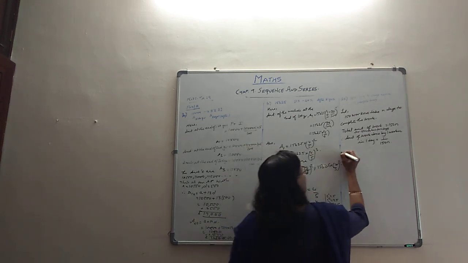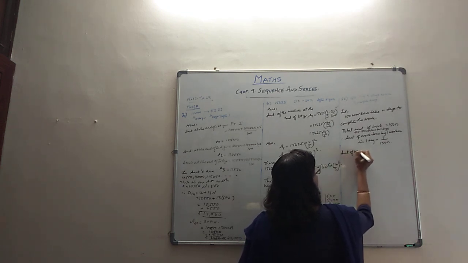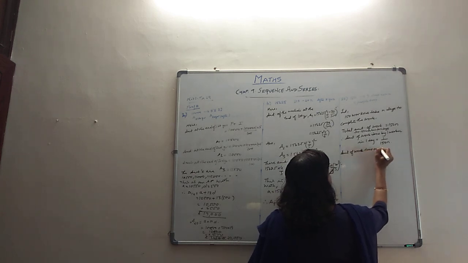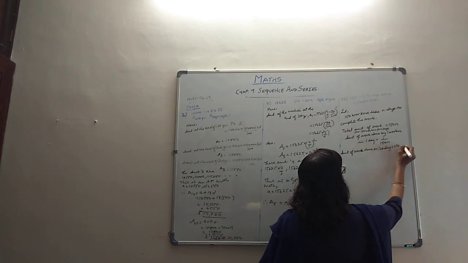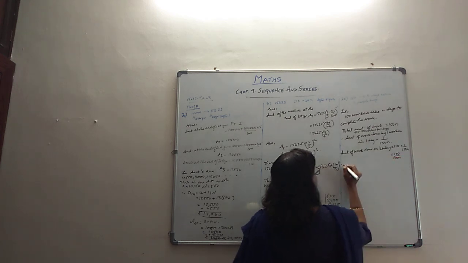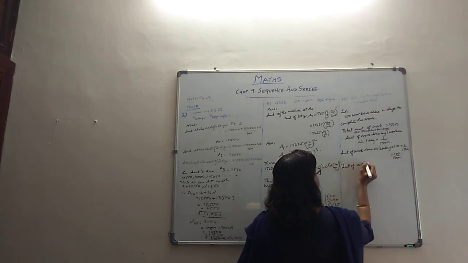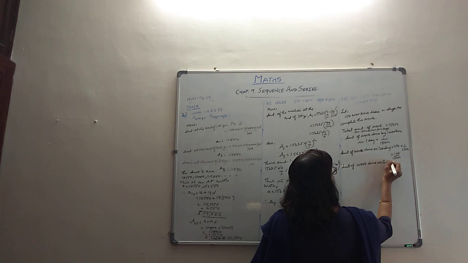So the amount of work done on the first day: all the workers were there, so it was 150 into 1 by 150n. That means it is 150 by 150n. Then the next day 4 of them dropped, so only 146 worked on the second day.